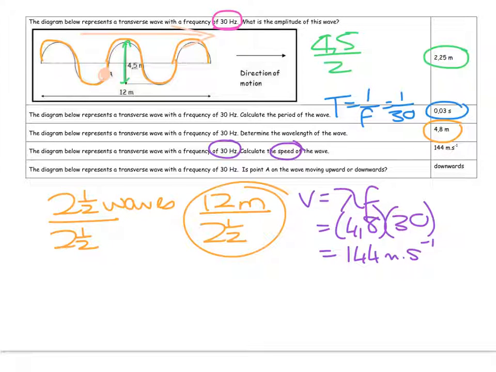And what you're going to have is this kind of an effect. And therefore, point A will be at a lower point a little bit later on. So it is moving downwards. And that is quite a tricky thing to see, but you need to be able to see it.